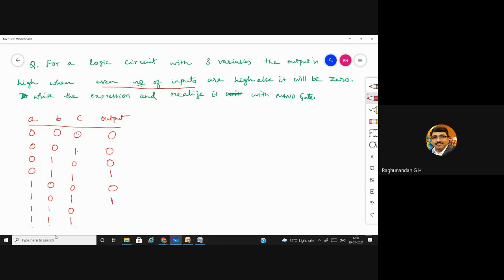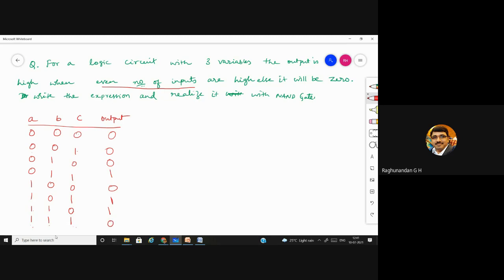So this becomes 1. What about this 1, 1, 0? 1. And 1, 1, 1, sir? Now tell me. 0. Why is it 0? Why not 1? Because they have given the condition that or else it is 0. So only even number of inputs should be high. If all the 3 are high, it will be 0 only.